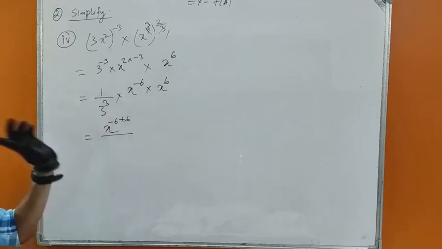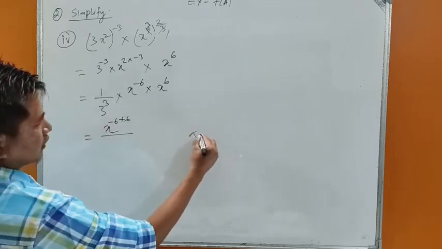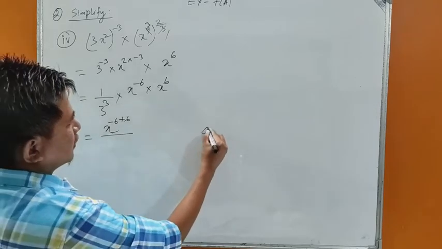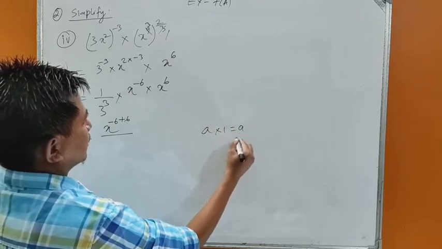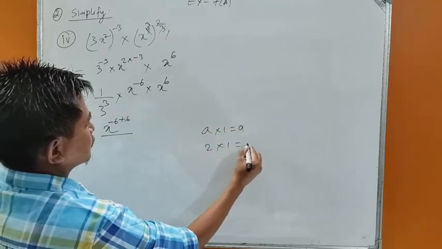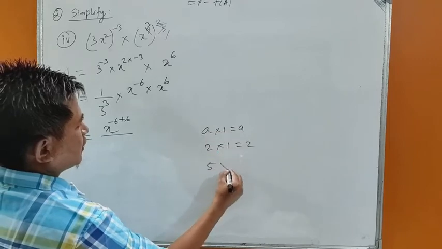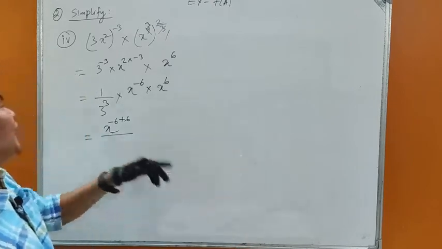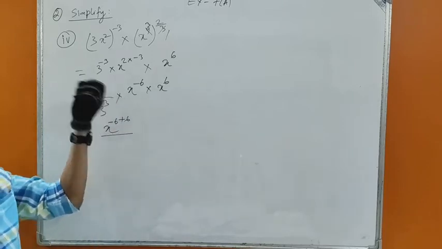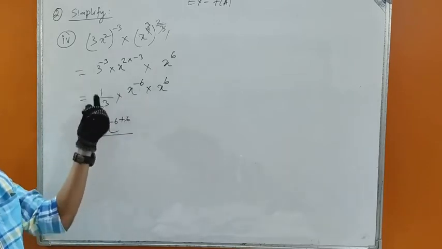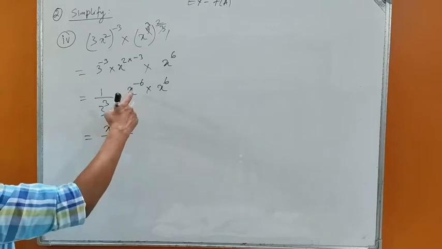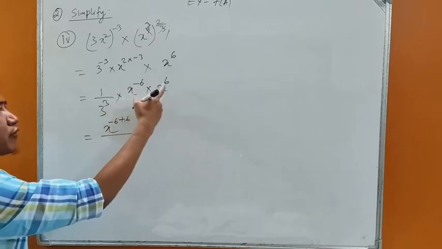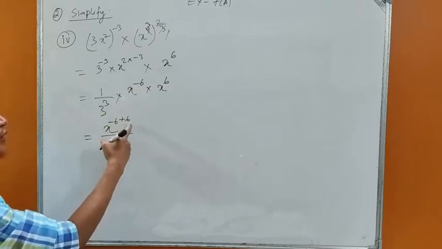Into 1 gives the same thing, because a into 1 is a, 2 into 1 is 2, 5 into 1 is 5, isn't it? If you multiply any number with 1, you get the same number. So this number into 1 is this number. Since the bases are same, the power will get added, minus 6 plus 6.